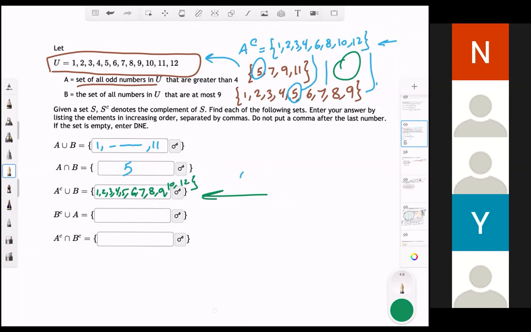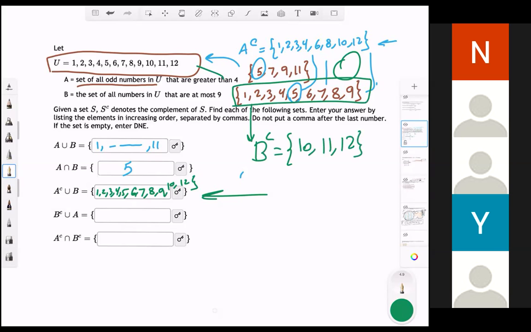B complement. This is the set of B, correct? What is a complement to this set? What are we missing here? 1, 2, 3, 4, 5, 6, 7, 8, 9. So we are missing 10, 11, 12, correct?